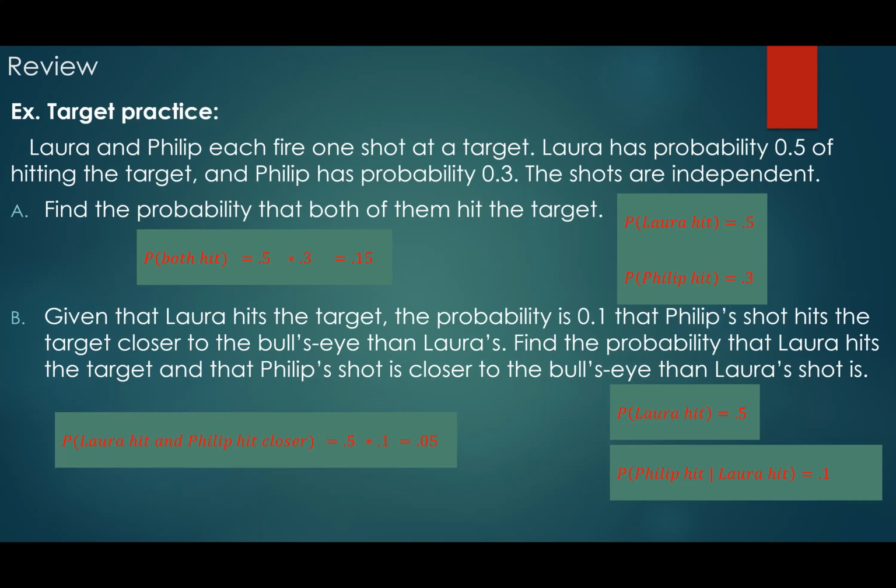That's why they are dependent. In that nature, if you want to attack dependent versus independent. Because B is a conditional probability, we are not using 0.3 anymore, because some conditions were met. So we use 0.1.